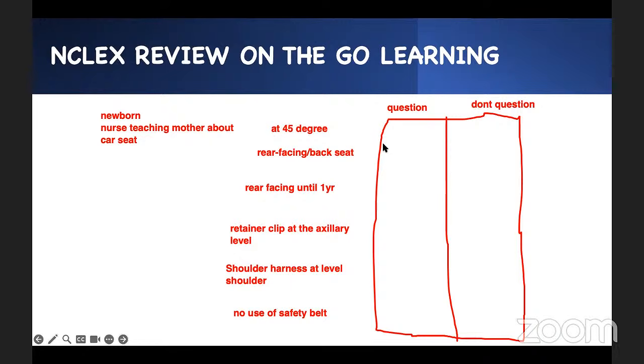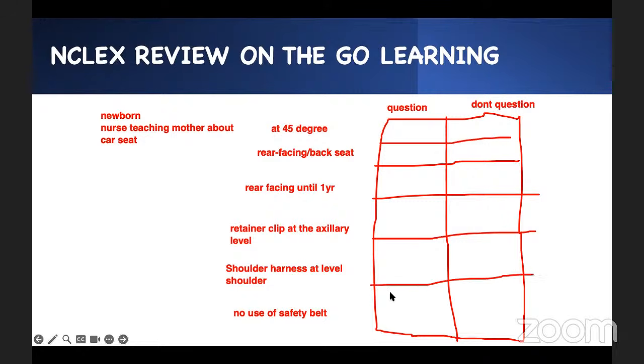Is that teaching appropriate? Keep the kid at 45 degrees, rear facing until 1 year old. Retainer clip should be at the axillary level, shoulder harness at the shoulder level, and no use of safety belt. What do you guys think? No use of safety belt. So that's what you have to figure out. This is the question today. You want to question or don't question?